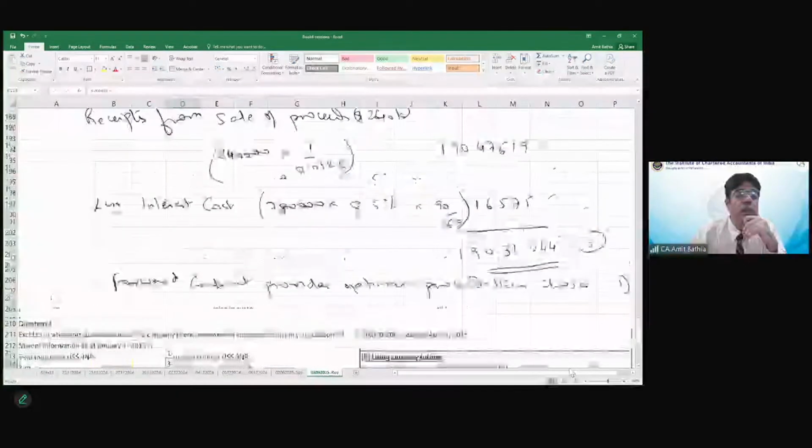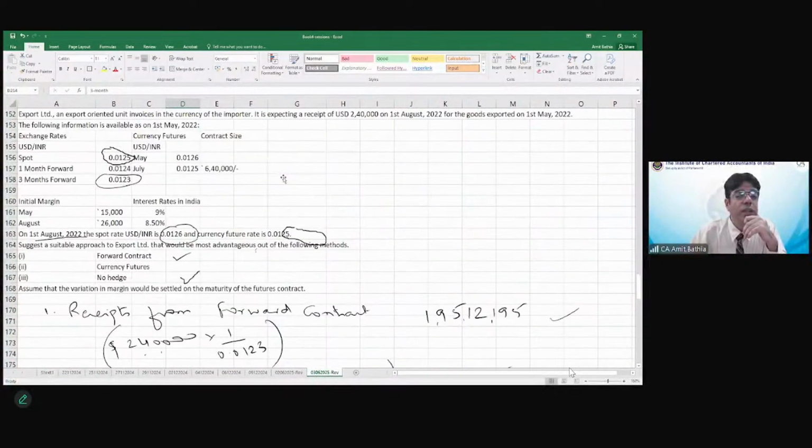What happened in the previous question? Please have a look over here. My date was 1st May over here, right? Remember, the amount was falling due on 1st August, which is 3 months from now. But the currency futures mentioned were for May and July, not 3 months later, only 2 months later. Are you with me?